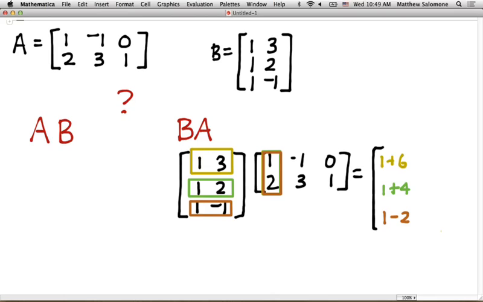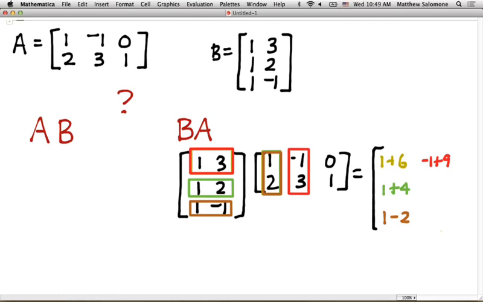And then, of course, we can keep going. In order to find the next column, we just have to move a column over in our second matrix and then do the same. So here we're going to have 1 times negative 1 plus 3 times 3.